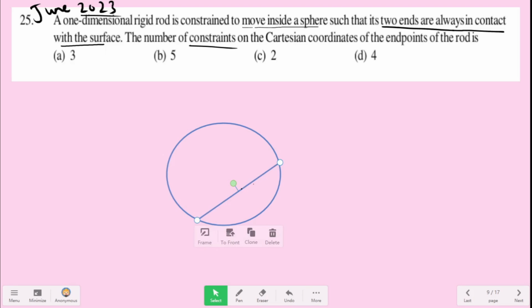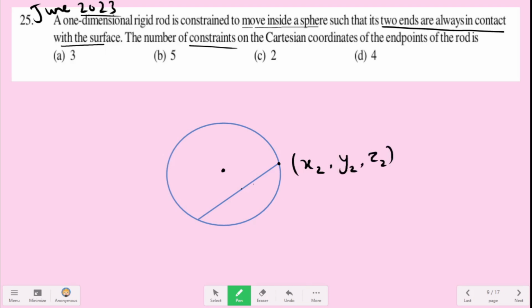We are asked to calculate the number of constraints on the Cartesian coordinates of the endpoints of the rod. Let's say this is the center of the sphere. For one end point of the rigid rod, let's say the Cartesian coordinates are x2, y2, z2. Another point is denoted by x1, y1, z1.